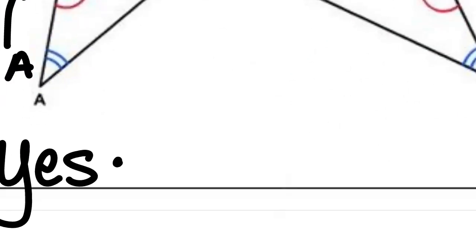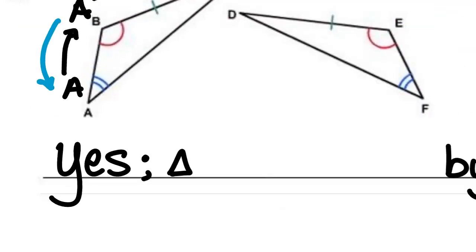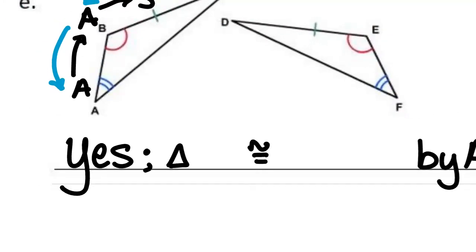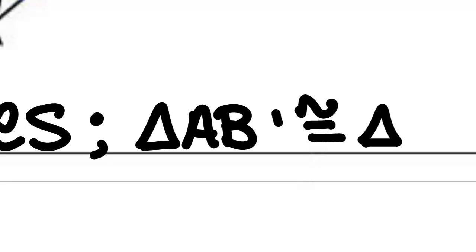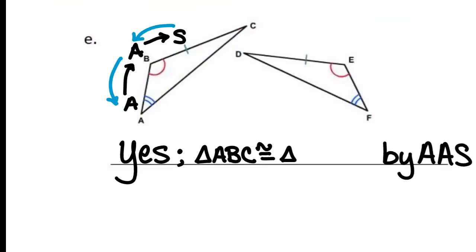Let's write our triangle congruence statement. So triangle something is congruent to triangle something else. What do you guys want to call the first triangle? ABC sounds good. A, B, C. Angle A, we have some information about. It has two little congruence markings on it.